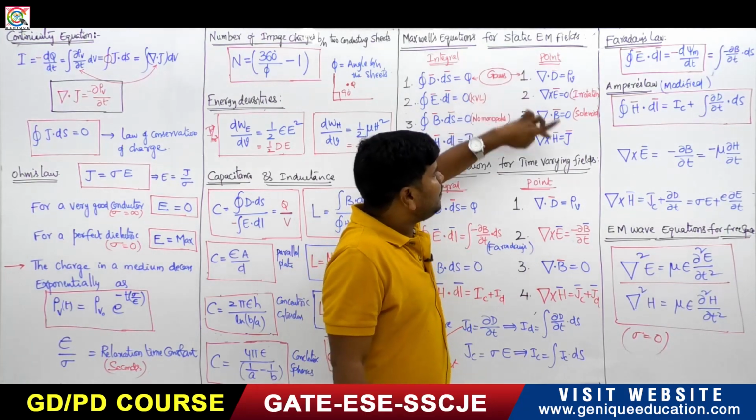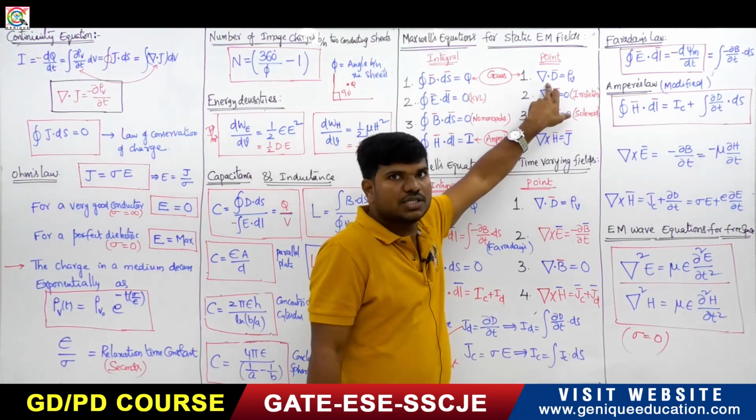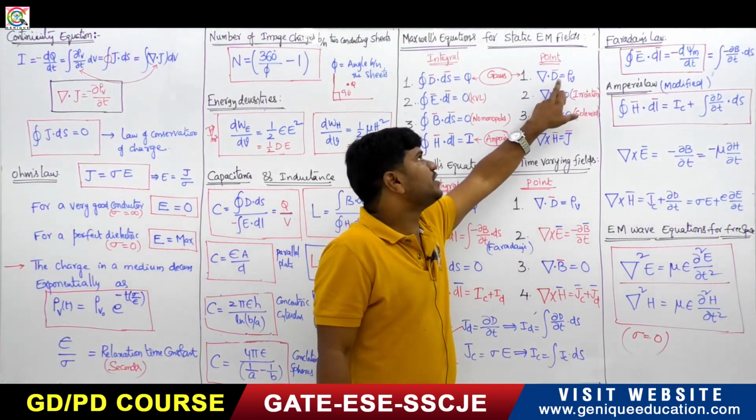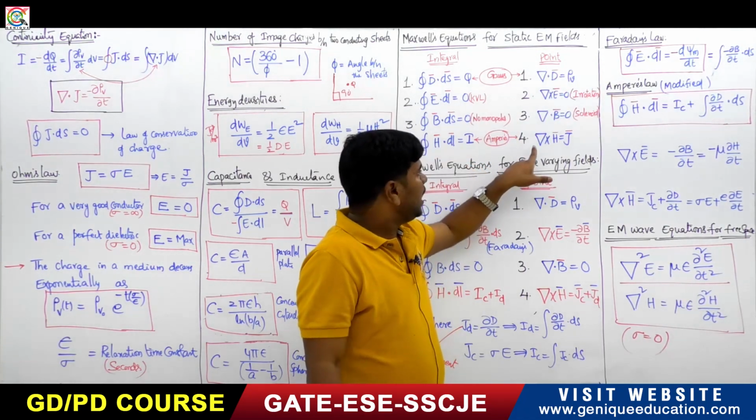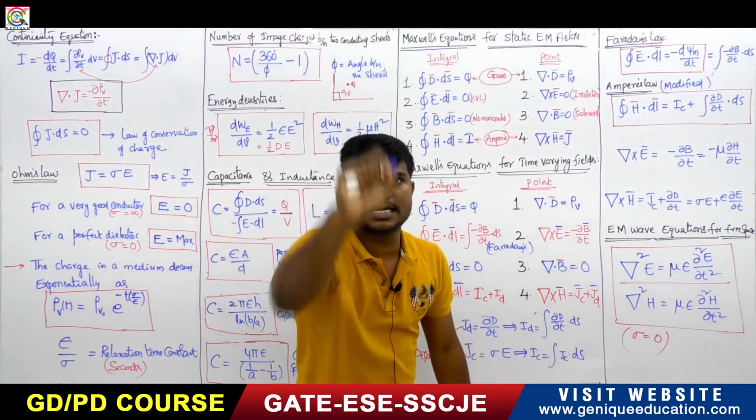These two are representing the strength at the causes. This is the strength at the charge, due to which the electric field is generated. It is called the strength at the cause, due to which the magnetic field is generated.